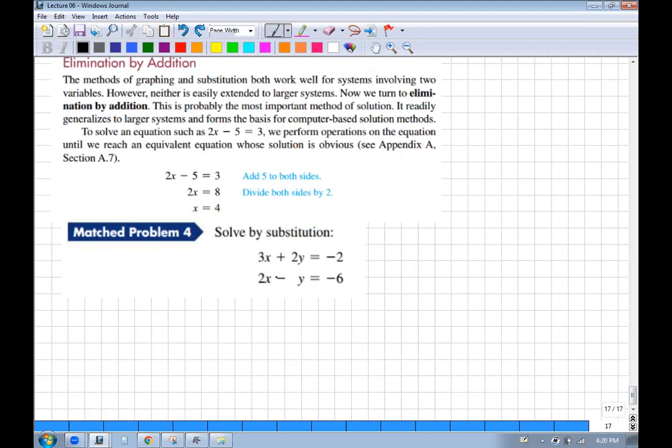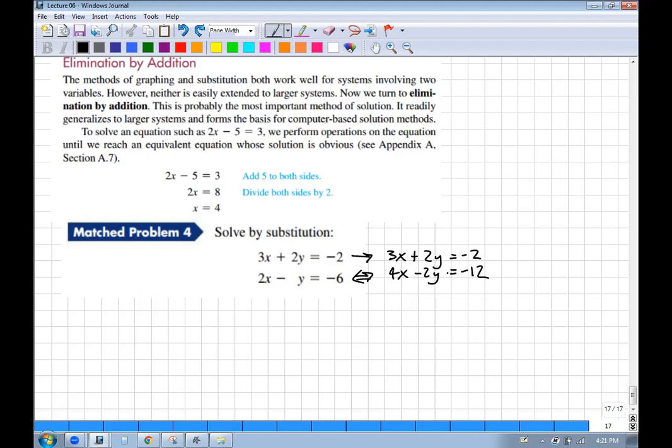Like, for instance, let's say I just keep this guy the same. And if I multiply everything here by 2, I get this guy, right? So this is the same as this. I just multiplied everything by 2, okay?